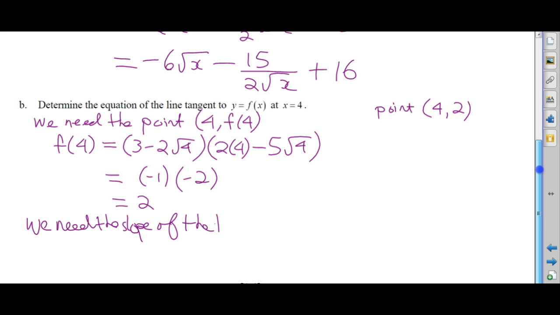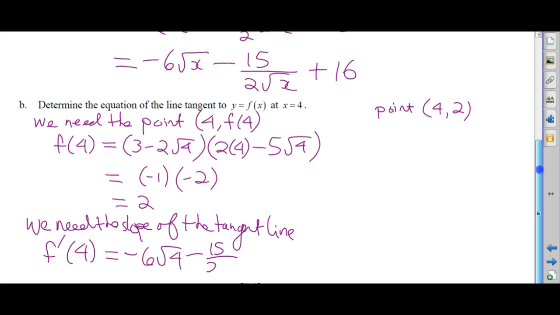The slope of the tangent, AKA f prime of 4, which is, okay, so negative 6 root 4 minus 15 over 2 root 4 plus 16. All right, let's drag this along the bottom. What do we got?